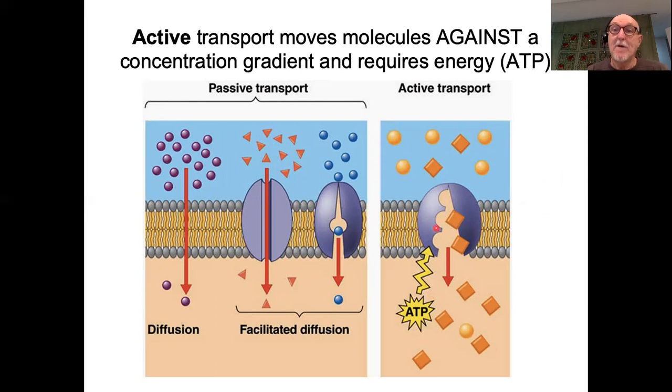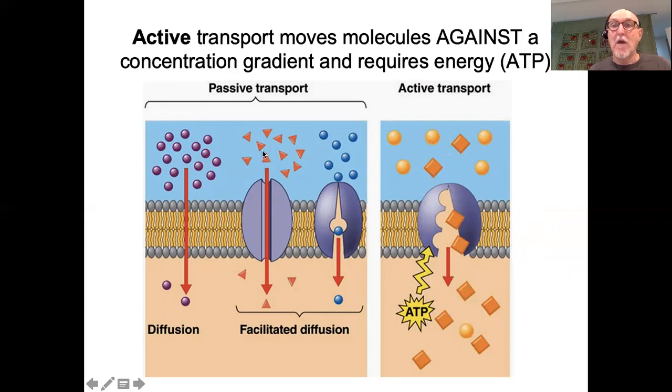The enzyme, this protein embedded in the membrane, is actually an enzyme, and it is able to break down the ATP. And when it breaks down the ATP, it can grab onto rare molecules in the environment and force them across the membrane and push them into a high concentration area. So in other words, active transport is usually used to move molecules against a concentration gradient.